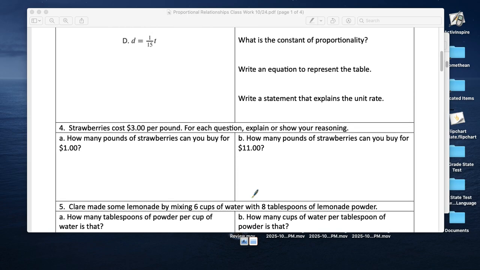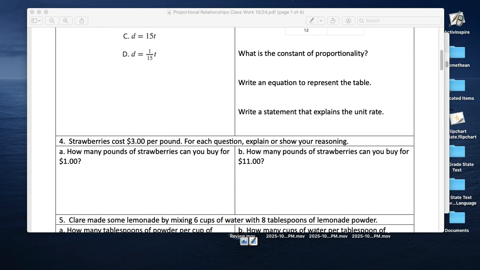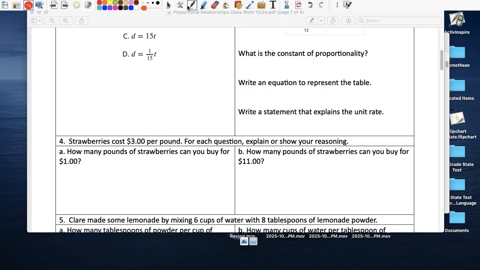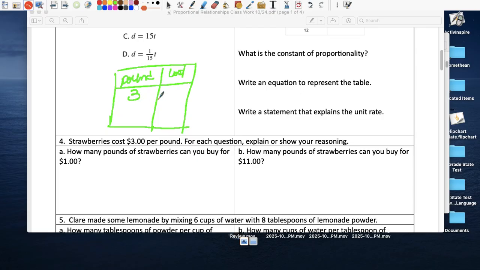Strawberries cost $3 per pound. It really doesn't matter how you set this up. If you create a table, you can write pounds of strawberries and the cost. We can start with: if I buy 1 pound, it's going to cost me $3.